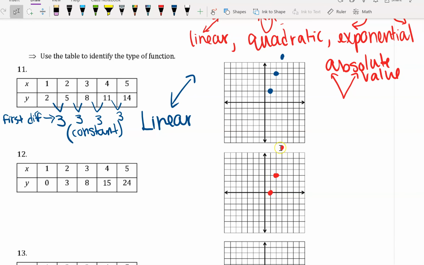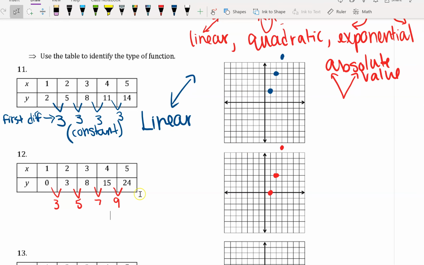It's curving upward a little, which could mean that it's either exponential or quadratic. Those both have curves, so those are the hardest ones to choose between. So that's when we're going to look at the differences. This goes up by 3, that goes up by 5, that goes up by 7, that goes up by 9.